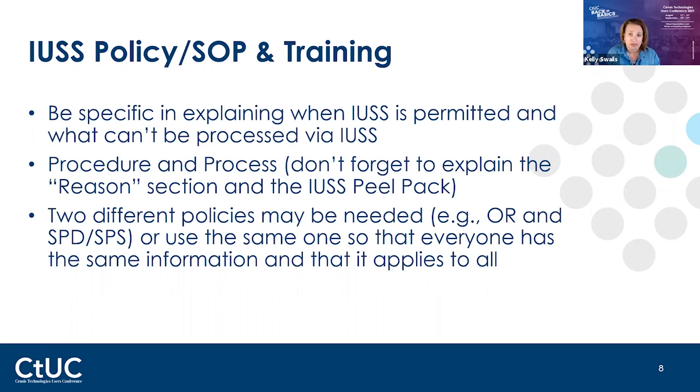So when you create that policy, you want to be specific in explaining when IUSS is permitted and then what can be processed. So when I talked about flashing or IUSSing implants, if people don't know, this is how we're going to educate them. Let them know that can't be done, no implants.